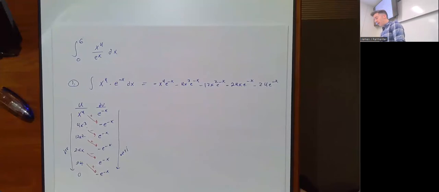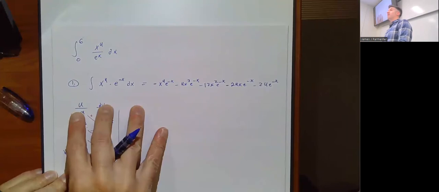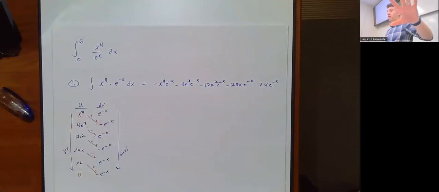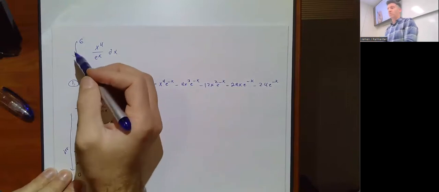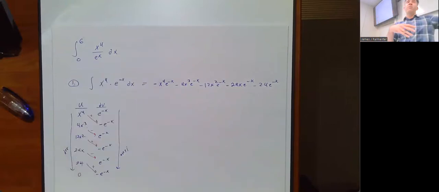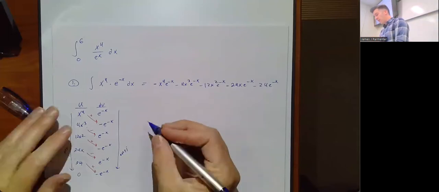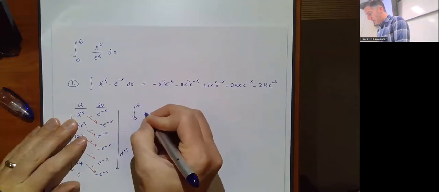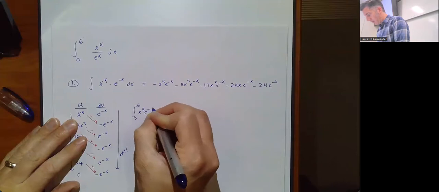So, since I was very lucky here and I didn't have to write out a bunch of work, I didn't really do this extra step. So here's what I would say. If you're doing integration by parts and you've got some stuff to work through, you don't want to carry these limits of integration with you through the whole process because it's just one more thing to keep track of. So if you have a definite integral, find the antiderivative, and then afterwards say that the integral from 0 to 6 of x to the 4th e to the negative x dx.